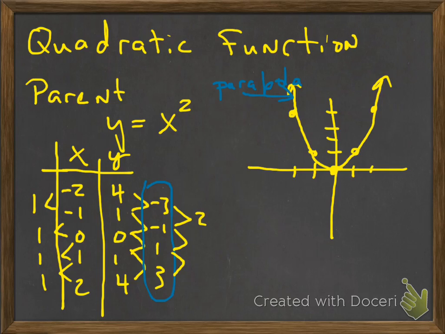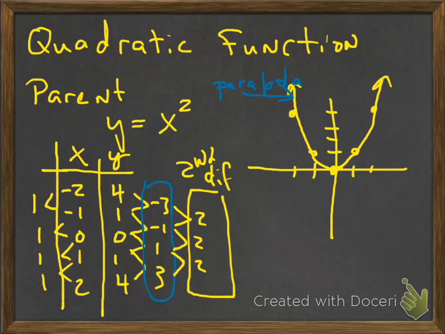You should get that it's going up 2. -1 to 1 is going up 2. 1 to 3 went up 2. Notice all those are the same. So when the second difference is the same, you know you have a quadratic function. Okay? And again, all quadratic functions have that x squared value. That's your highest exponent.